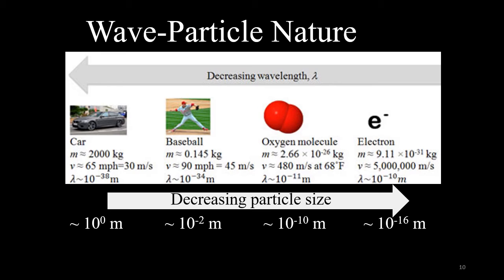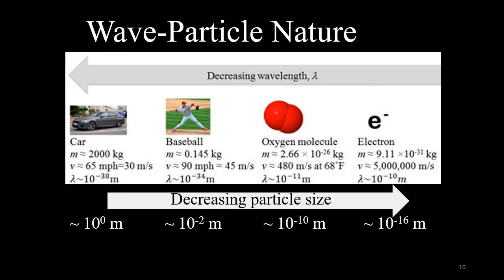But the actual size of that item is on the order of 10 to the 0 meters, which means about a meter. So its wavelength is 10 to the negative 38, and its size is basically 1. I mean, that's tiny, tiny, tiny. Same with a baseball. Its wavelength is 10 to the negative 34, but the size of an actual baseball is more on the order of 10 to the negative 2 meters, so on the order of centimeters.